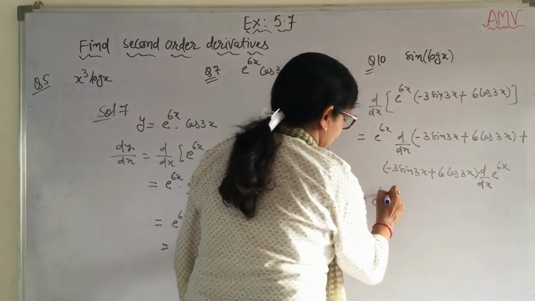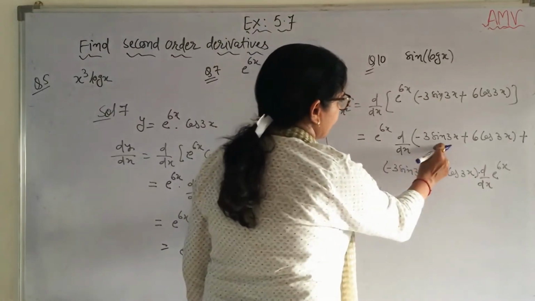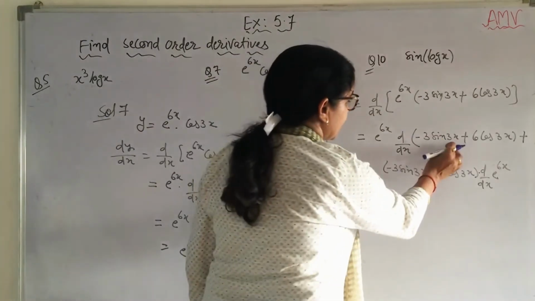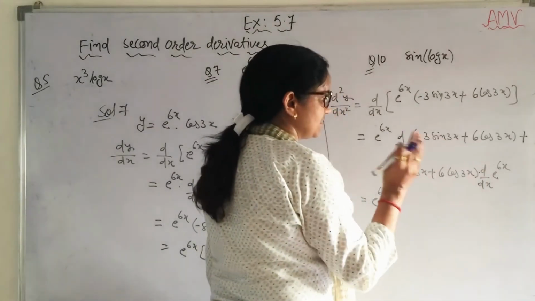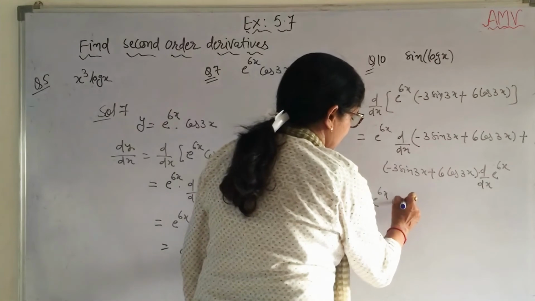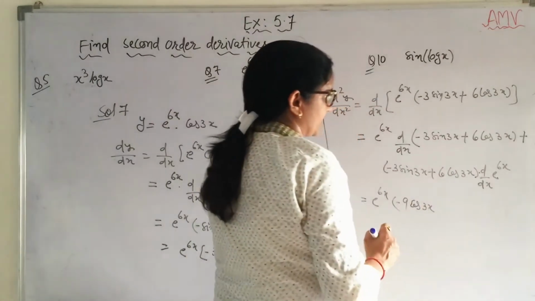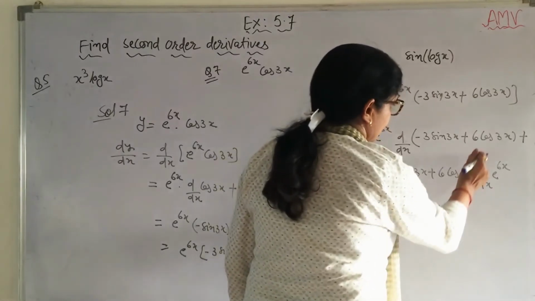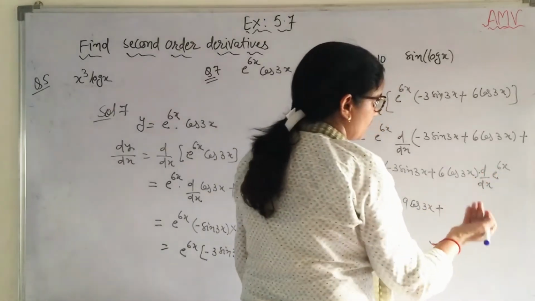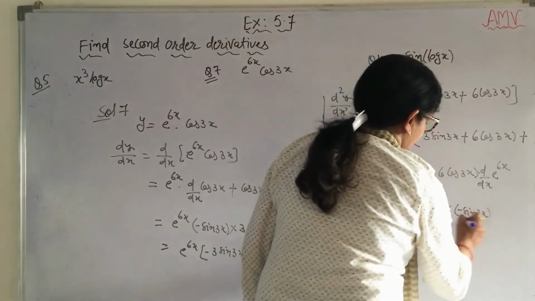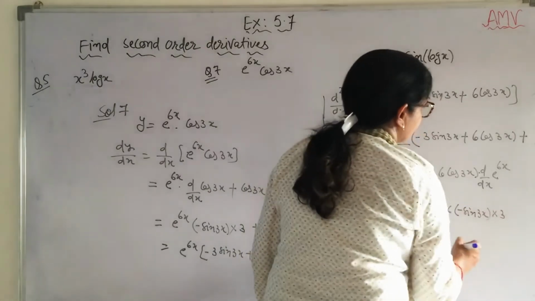Now e raised 6x as it is. Okay, derivative of sin 3x, it is cos 3x. Okay, and then derivative of 3x, it's 3. So here 3 3s are 9 and it's cos 3x. Okay, plus here derivative of cos 3x, it's minus sin 3x and derivative of 3x is 3.